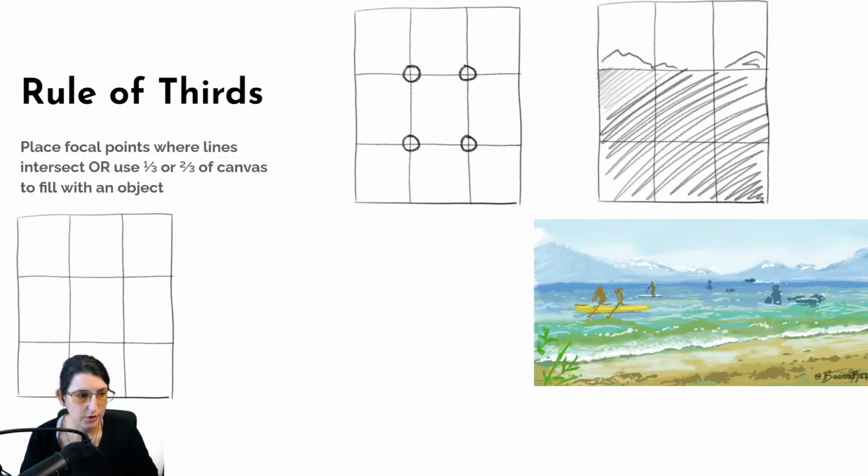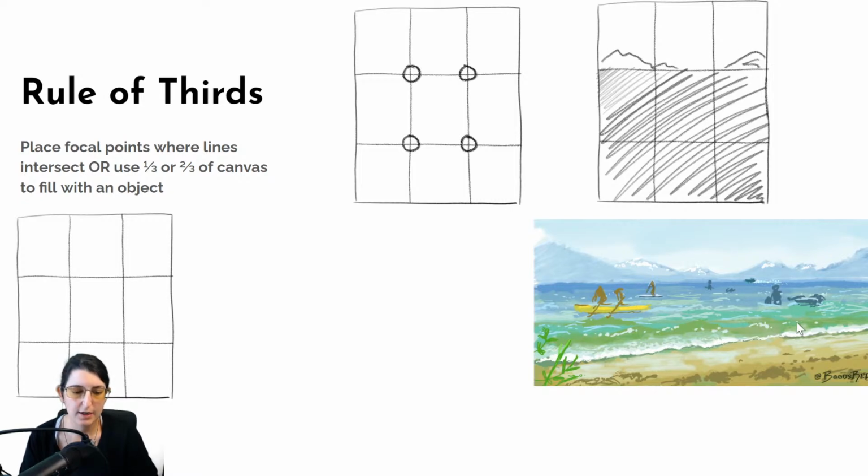Another way you can use this rule of thirds is by blocking out a large shape that fills a third or 2/3 of the canvas, like the way I have it in this simple sketch here. You could have the ocean or something filling 2/3, and you have the horizon line right on this upper third line here with some mountains peeking up.